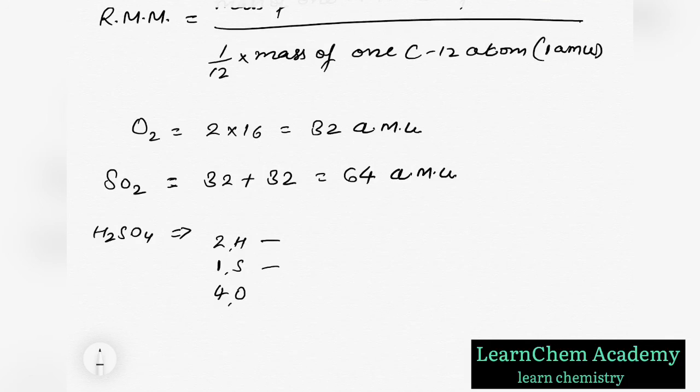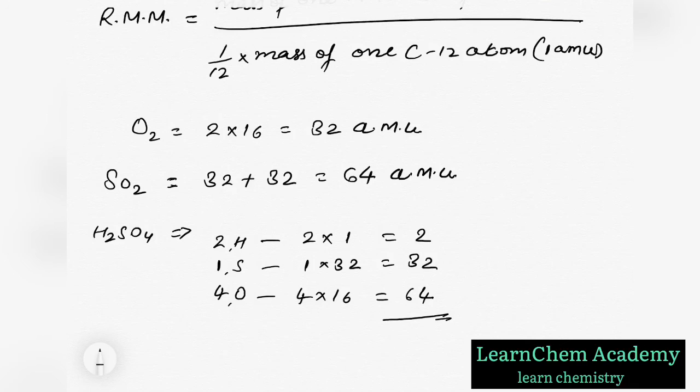So 2 into 1, 32, and 4 into 16 gives 64, so the total sum of their constituent elements will be 98.